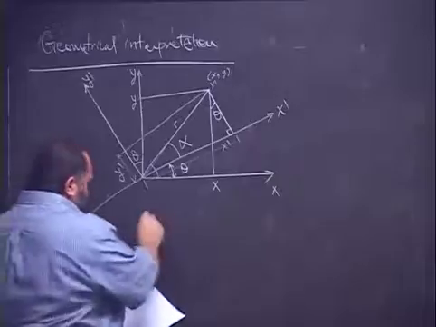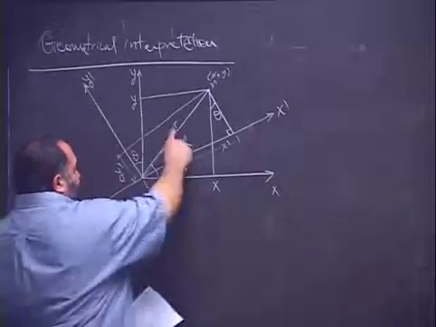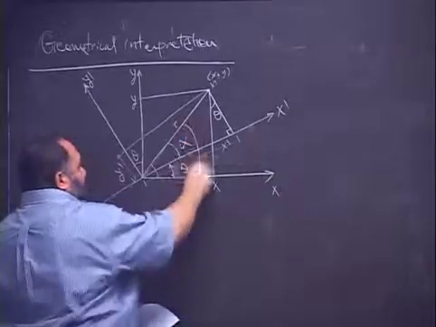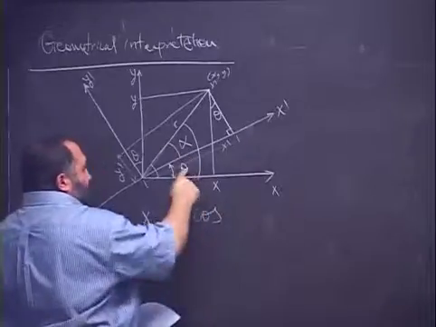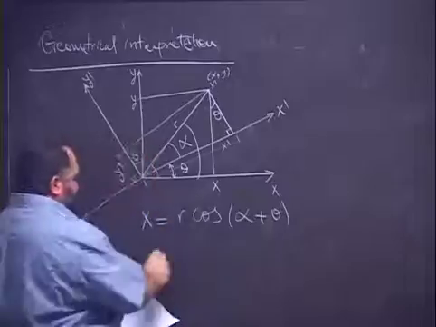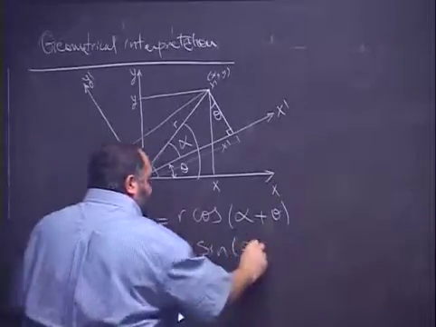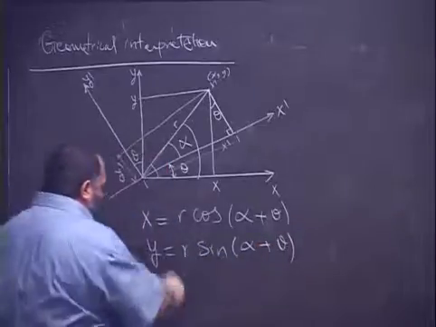So what's x? x is r cosine of alpha plus theta. And y is r sine of alpha plus theta.